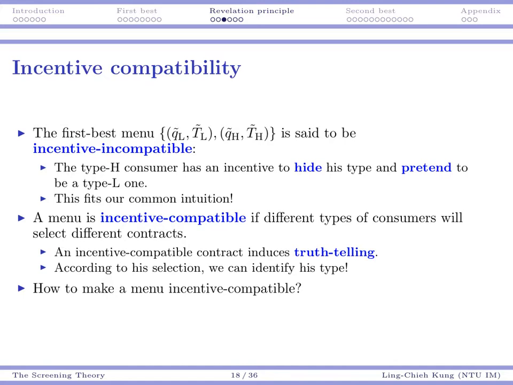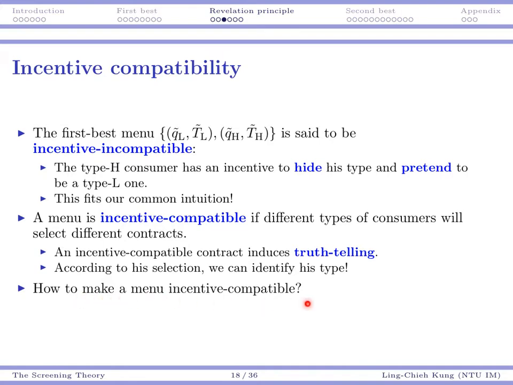Suppose I do not offer these two contracts. I offer something else, and suppose low type guys will choose one kind of contract, and high type guys will choose the other contract. Then, according to their action or according to their behavior, I can tell what's their type. That's something that we may do according to our contract design.